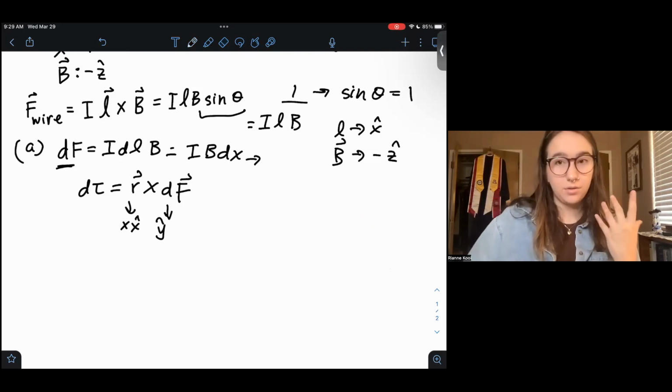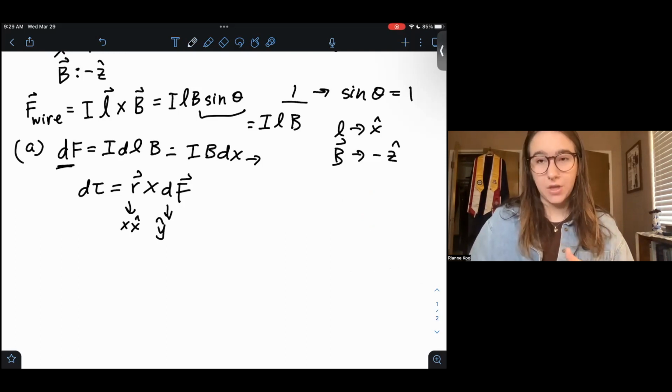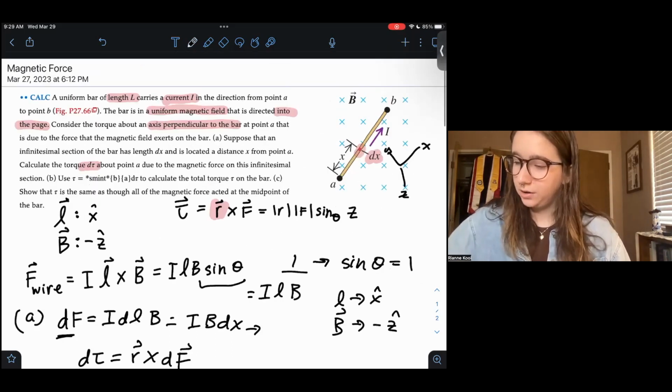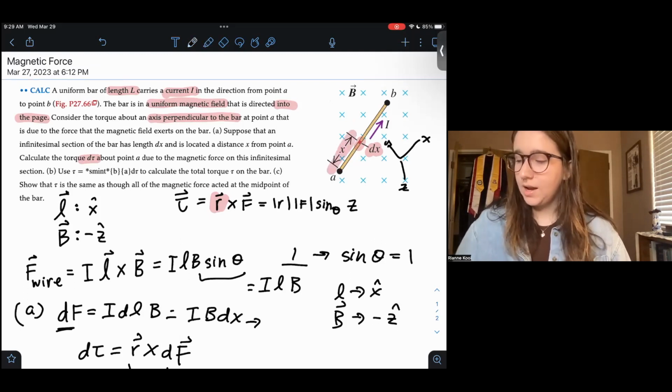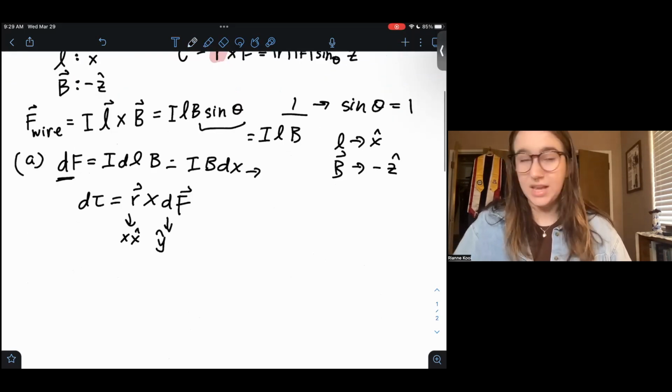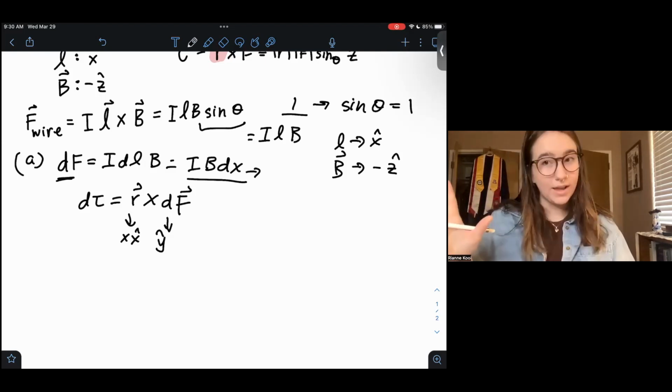Now, what about tau? So now we're left with our r, which is that x value right here. And then we have our dF, which is in y hat, and we found what our dF is. It's going to be this right here, but it's in y hat.